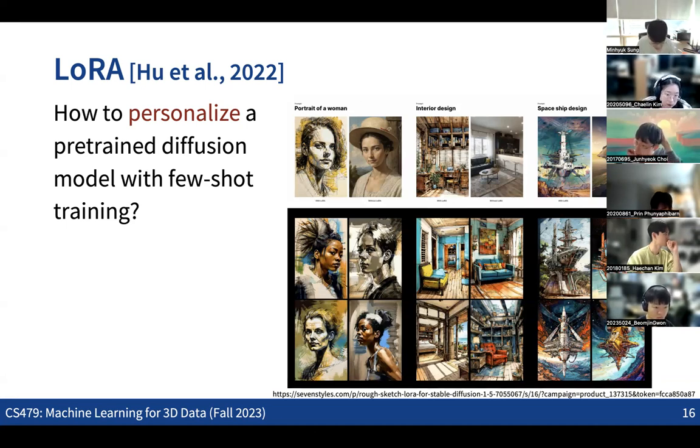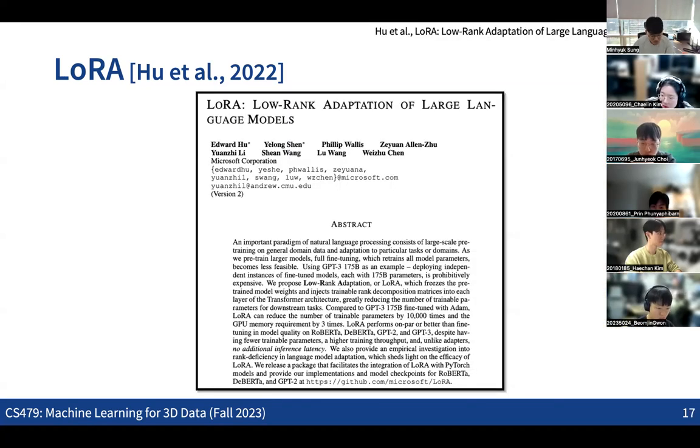We can obviously apply these techniques to cartoon generation, for example, and get many kinds of cartoon images. This is a very common technique these days for personalizing large-scale pre-trained neural networks, not only diffusion models.